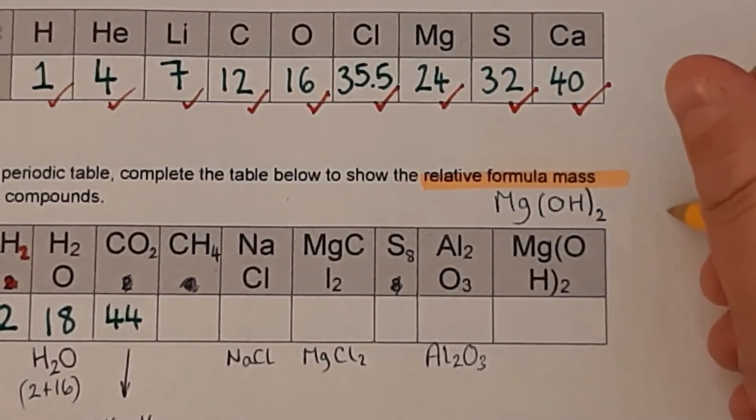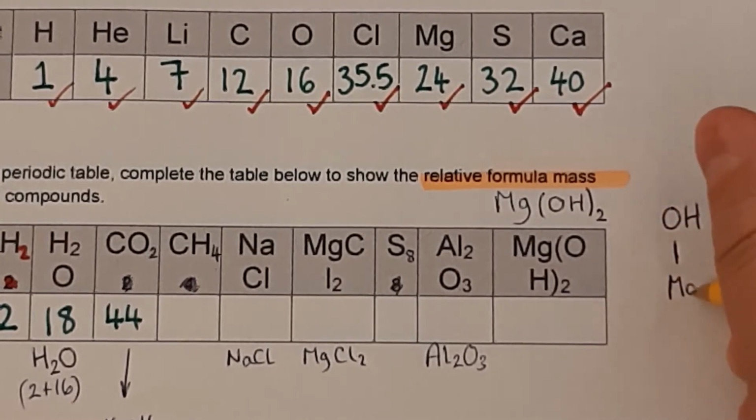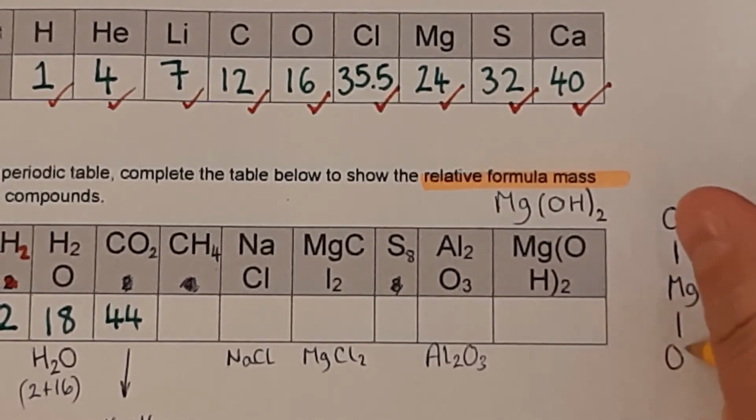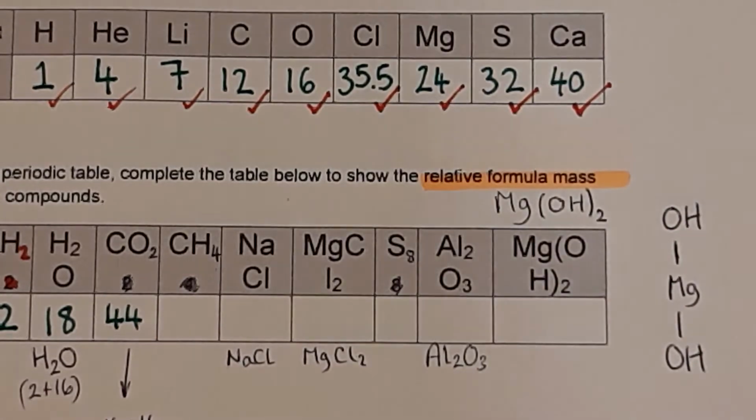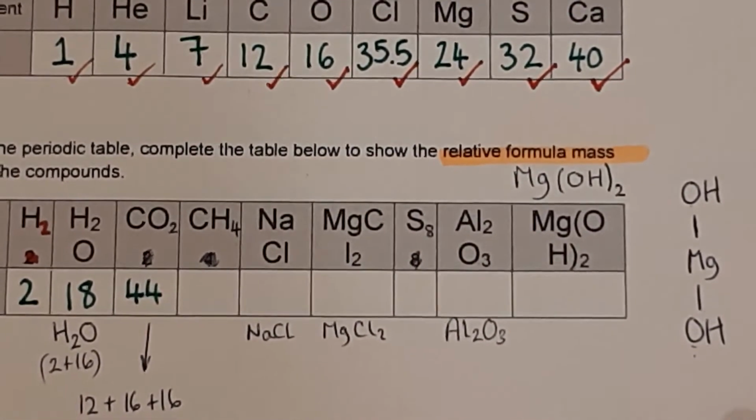We could draw it as OH at this end, attached to the magnesium here, attached to the OH at this end. That should help you see that there are 2 oxygens, 2 hydrogens, and 1 magnesium all attached to each other. So this should help you to work these out. So pause the video whilst you try and complete the rest of this table, please.